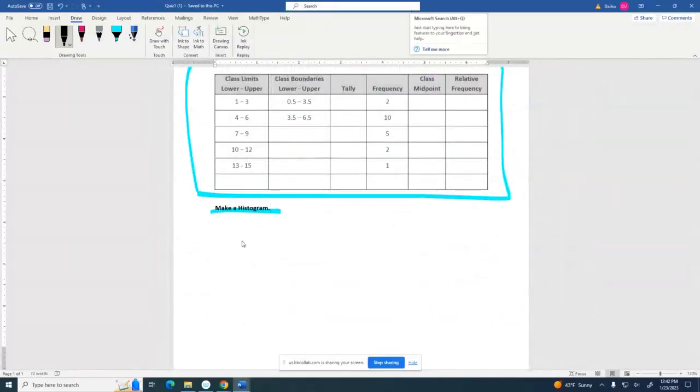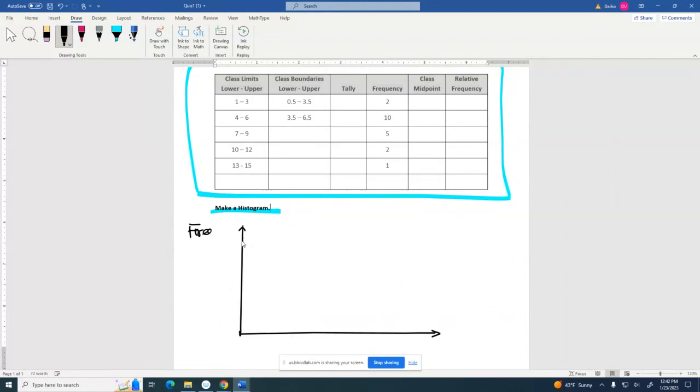So I have to make the axis here and put the frequencies. The maximum is 10, then 5, 0. And the very first one is 0.5, 3.5, 6.5, 9.5, 12.5, and the last one will be 15.5.